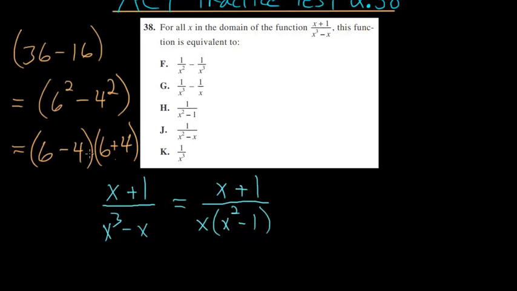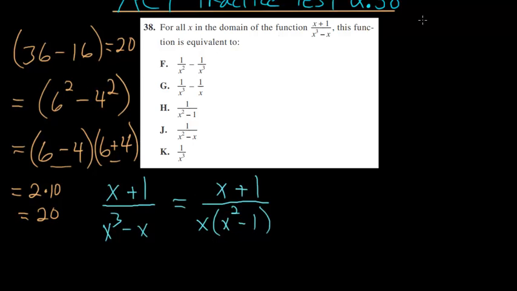Just to prove that this works, let's consider the real values. 36 minus 16 is 20. So this product of two binomials should multiply together to give us 20. 6 minus 4 is 2, and 6 plus 4 is 10. So we have 2 times 10, which is 20.